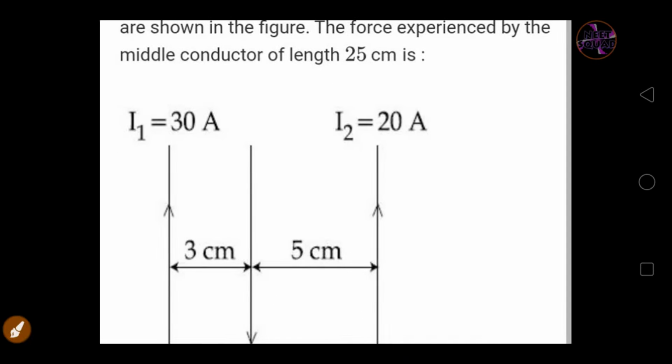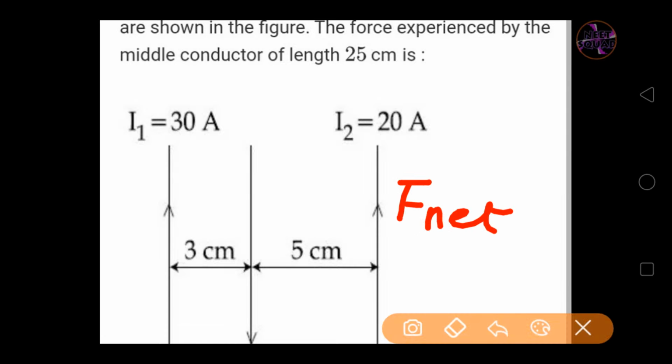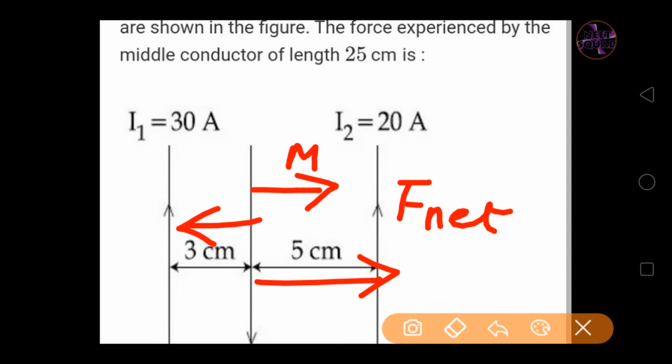So based on this, we have to calculate the net force. First one is pushing like this, second one is pushing like this. So if this force is more, the final direction would be in this direction; if this force is more, then the final would be in this direction.